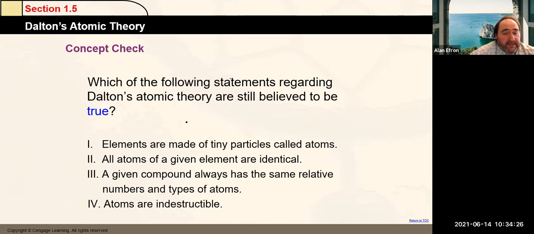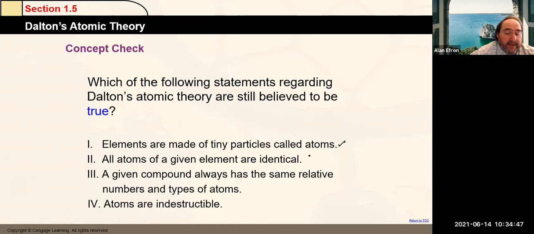Okay, since we just talked about it here, elements are made of tiny particles called atoms, so that is true. They are definitely made up of tiny particles, which are called atoms. As we'll talk about, that's basically where our protons, electrons, and neutrons are. All atoms of a given element are identical.